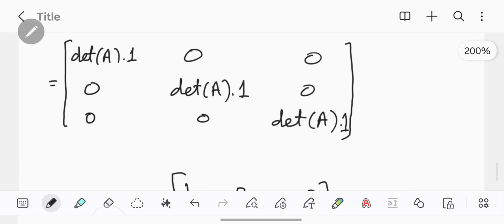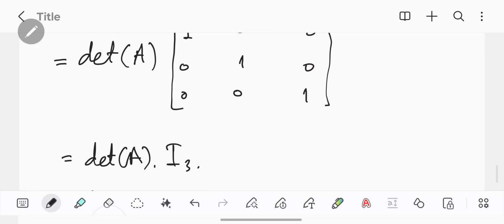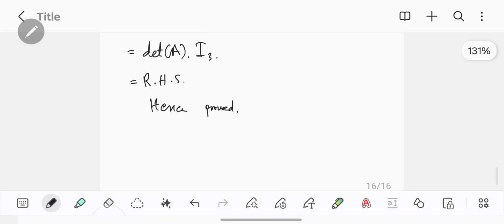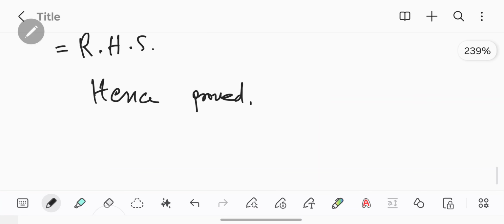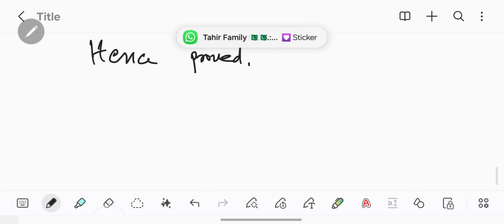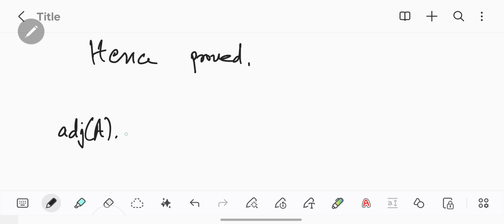So this theorem is proved generally for all values of n. So we can say that for every n, adjoint of A times matrix A is equal to determinant of A times identity matrix of order n.